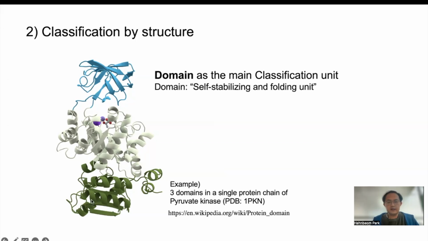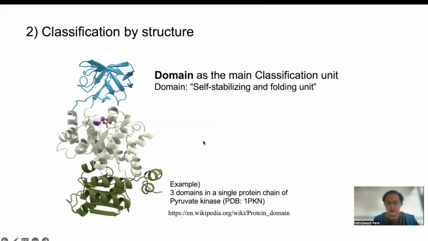So here is an example. This is a single protein chain of pyruvate kinase. You can easily see that there are three parts that fold by themselves, and then they are just connected through linkers, shown here.